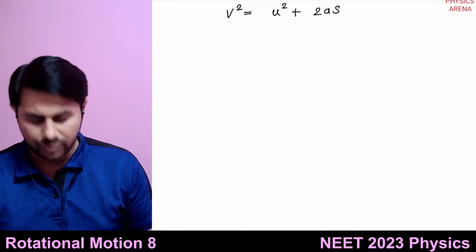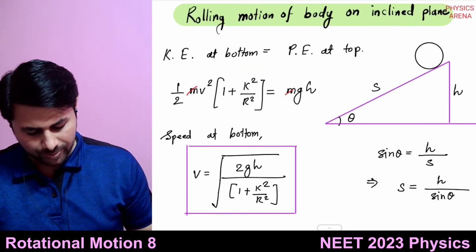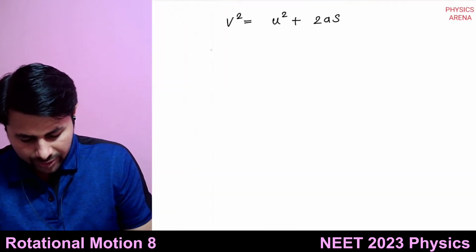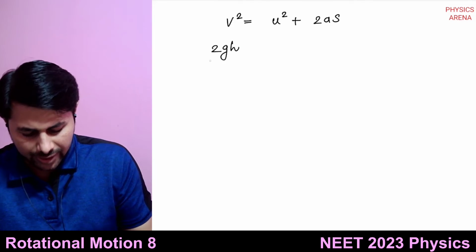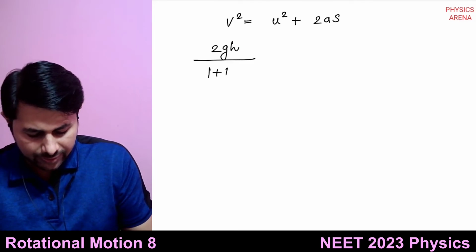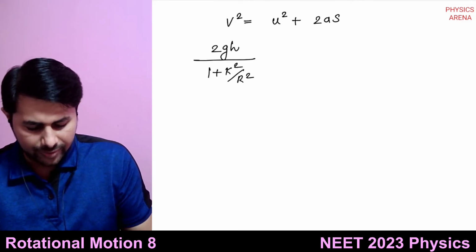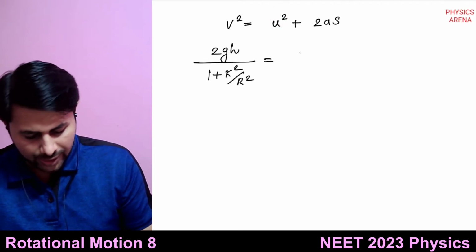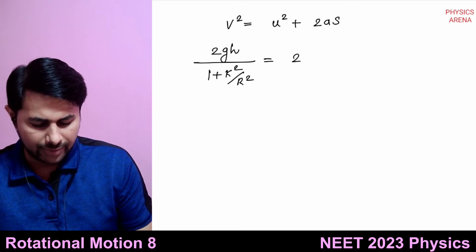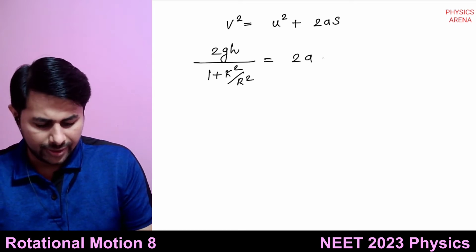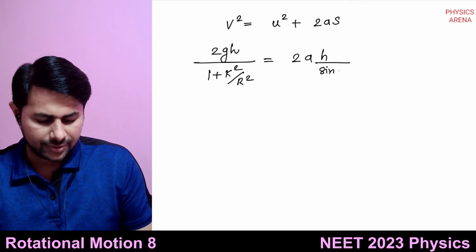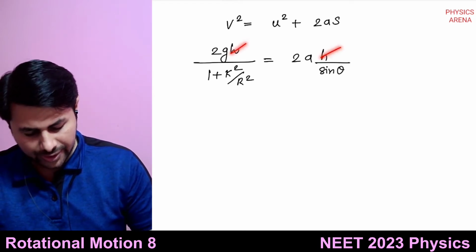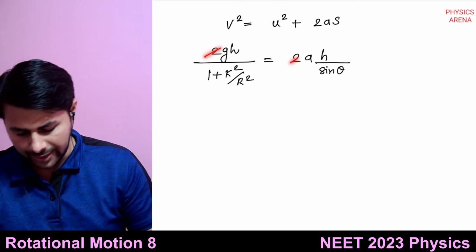We get u square is 0, v is square root of 2gh upon 1 plus k square upon r square. So v square will be 2gh divided by 1 plus k square upon r square, and this is equal to, this term is 0, plus 2 times a multiplied by h upon sine theta. So this h gets cancelled, 2 gets cancelled.